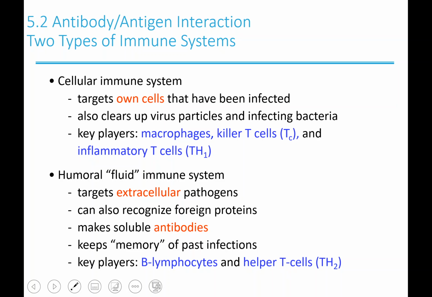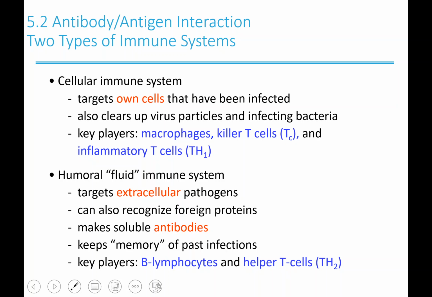There's also what's known as the humoral fluid immune system. And this really targets extracellular pathogens, so pathogens that are in the bloodstream, not within a cell; they're extracellular. Okay.